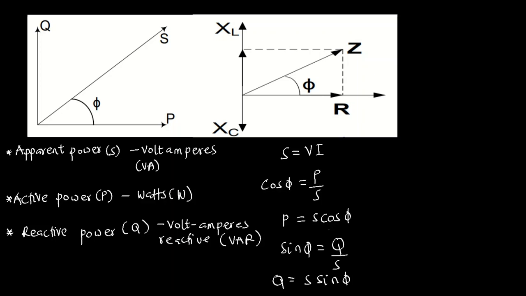From the phasor diagram, we can see that the square of the apparent power should be equal to the square of the active power plus that of the reactive power. We've already generated the expressions for the active power and the reactive power.